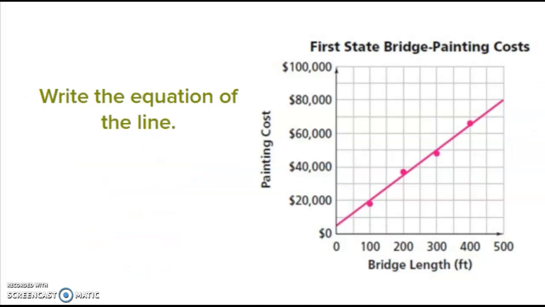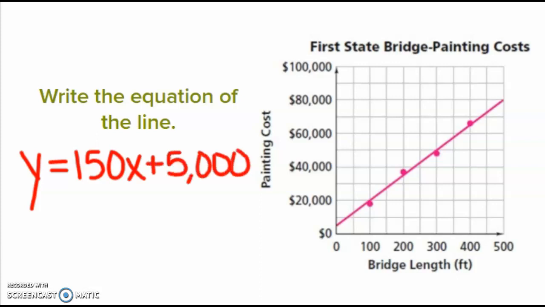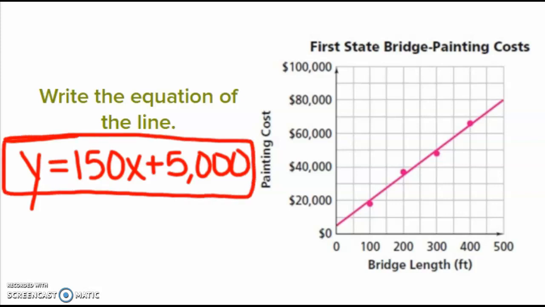So if we are writing an equation for this graph, we got 150 for our slope, and we said about 5,000 for our y-intercept. So now the contractors, or the painters, can use this equation for any length of bridge that anybody comes to them with. They could go to a 600-foot bridge, plug 600 in, and figure out the estimated cost.